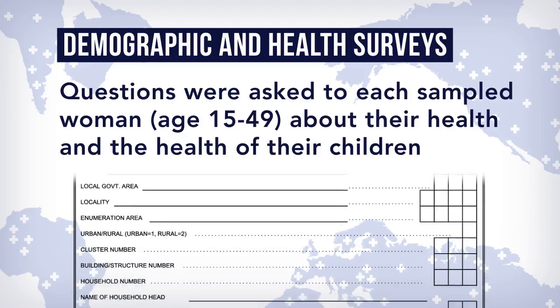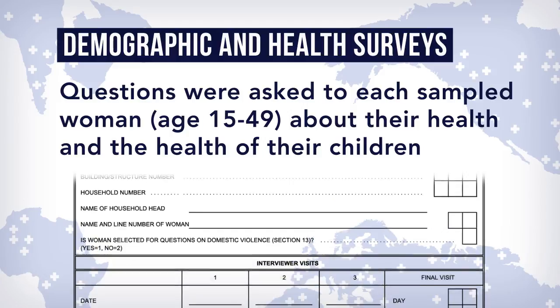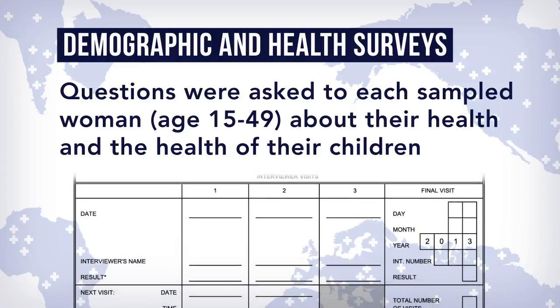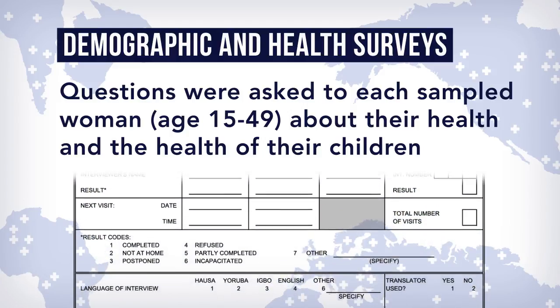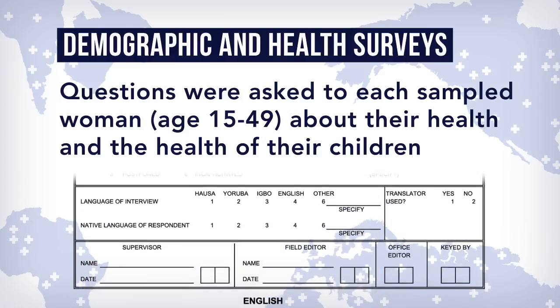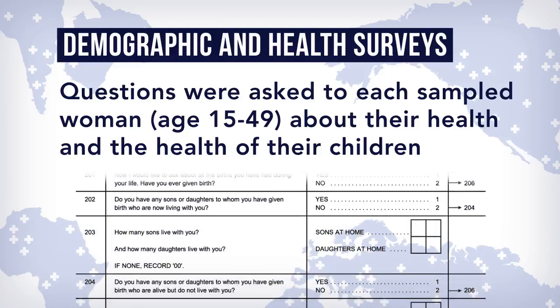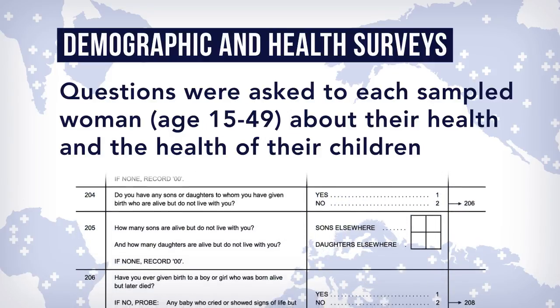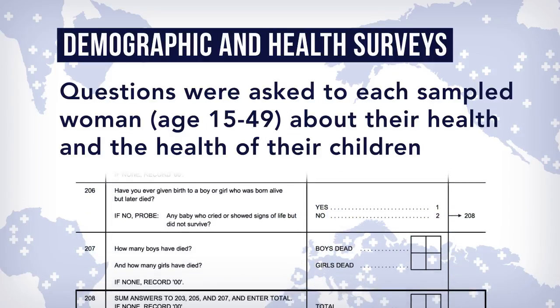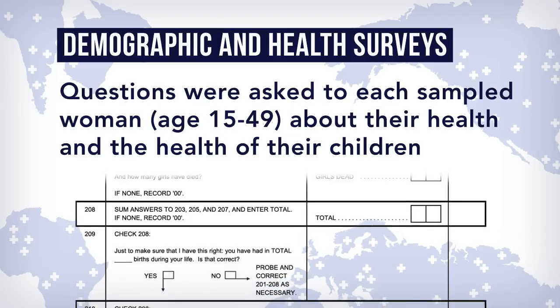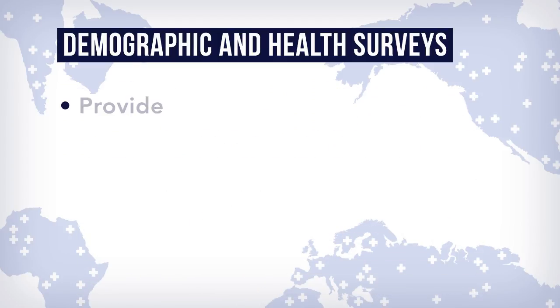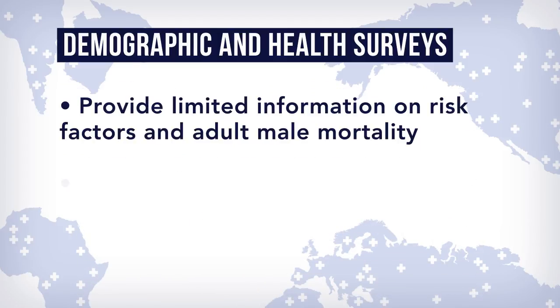Several sets of questions were asked to each sampled woman between age 15 and 49 about their health and the health of their children, as well as a short biographic history for all her live births and siblings, and their survival status were collected. DHS type of surveys, however, provide limited information on adult male mortality or risk factors.